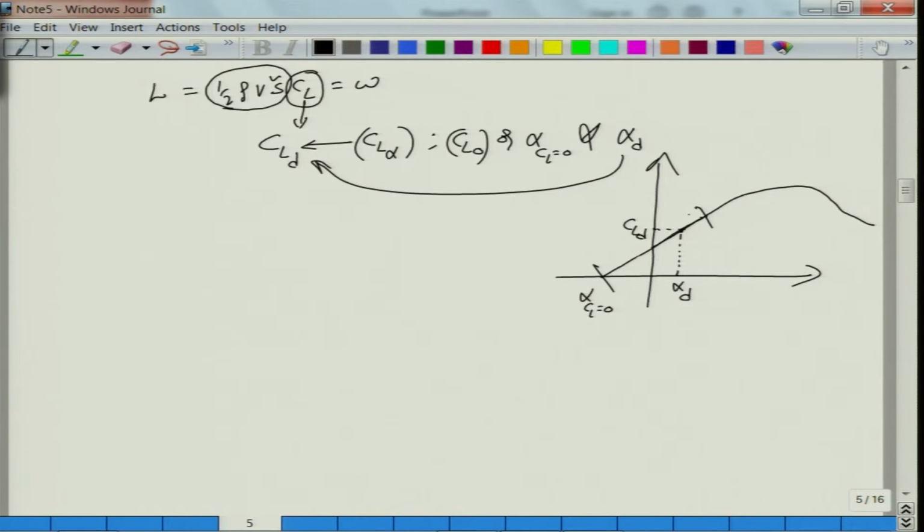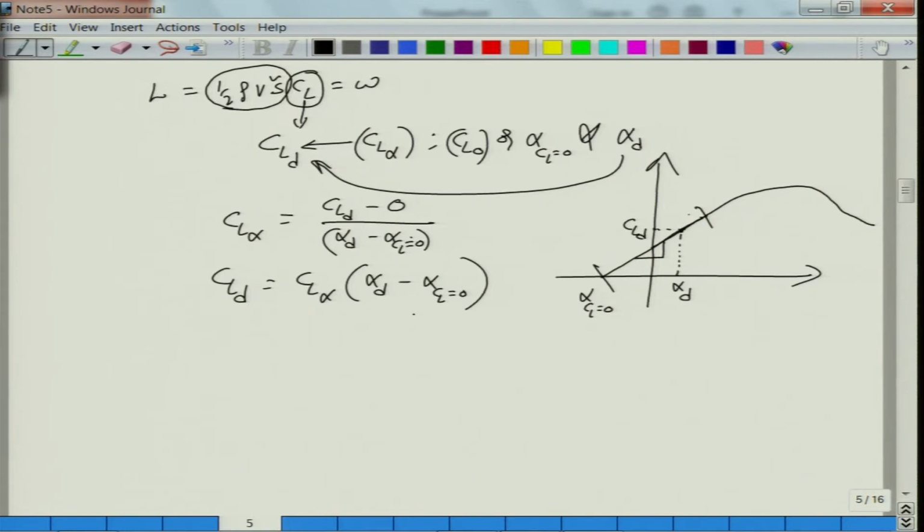Using the definition of slope, CL alpha of the entire wing is CL design minus CL at alpha at which CL is 0, upon alpha design minus alpha at which CL is equal to 0. So CL design is equal to CL alpha times (alpha d minus alpha at which CL is 0). Am I correct or not?